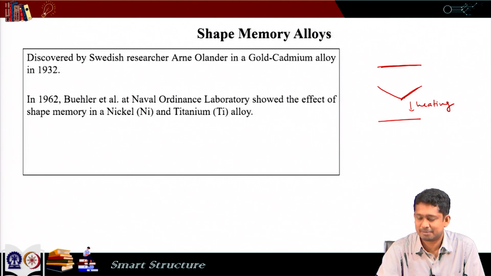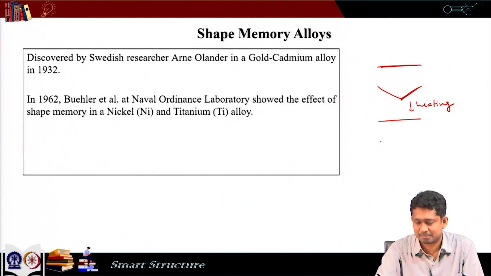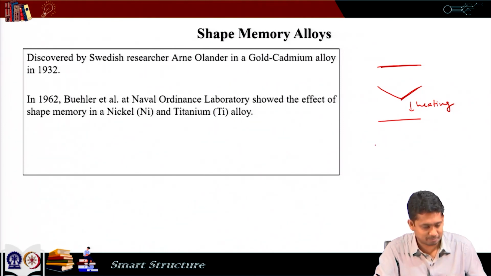These materials are kept deformed in this way, and just by giving heat input, they try to regain their shape, and that generates actuation force. Similarly, this material exhibits something called superelasticity also, that makes them ideal for use as a damper also.